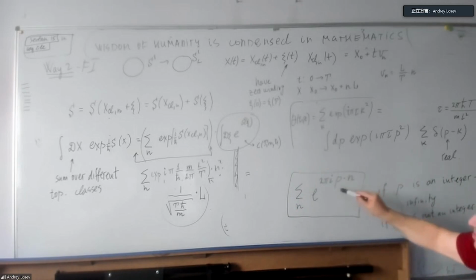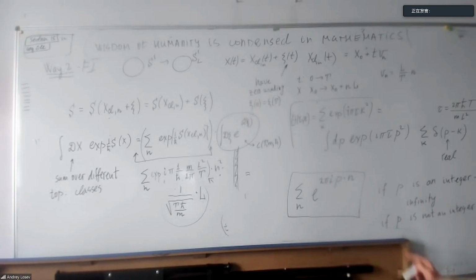If p is an integer, it is a sum of ones. If p is not an integer, you may check that you are summing up phases, and such a sum goes to 0. And this is called the Poisson trick.